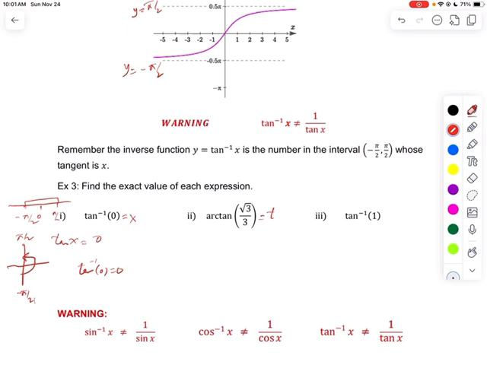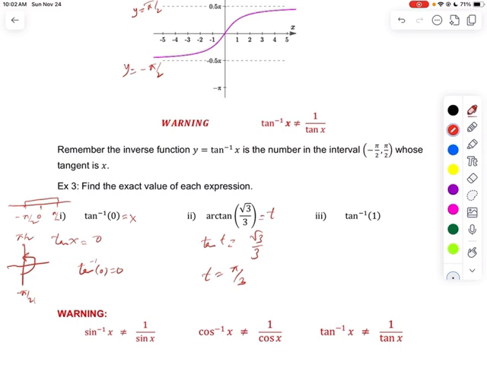Now we look at this example. What is tangent inverse of 0? Again, you are looking for some x value such that tangent of x is equal to 0. If you look at your table, you will notice that tangent is equal to 0 at 0 and at pi on the unit circle.